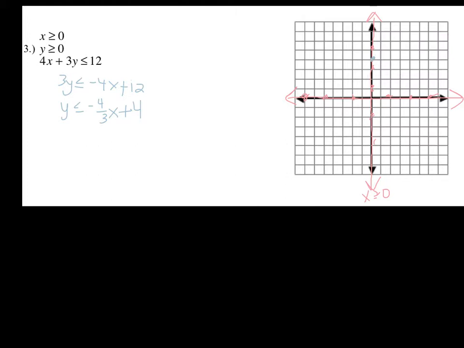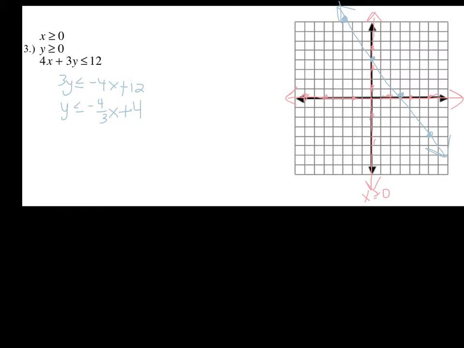And then my slope is -4/3, so I'll go up 4 and to the left 3. I'll go down 4 and to the right 3. Down 4 to the right 3. And then I'll connect the dots. Again, all 3 lines are solid because of the equal to's.